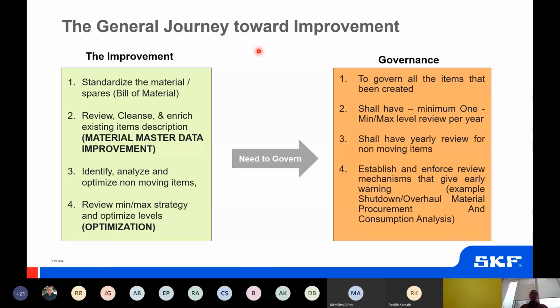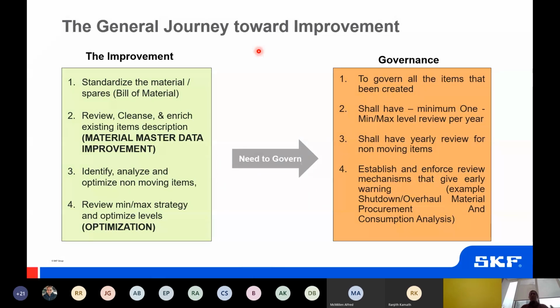And then you might think of having a review at minimum once per year, at least for the critical spare parts. So a yearly review for non-moving items. And then try to establish and enforce a review mechanism that gives early warning, for example for shutdown and overhaul material procurement and consumption analysis.